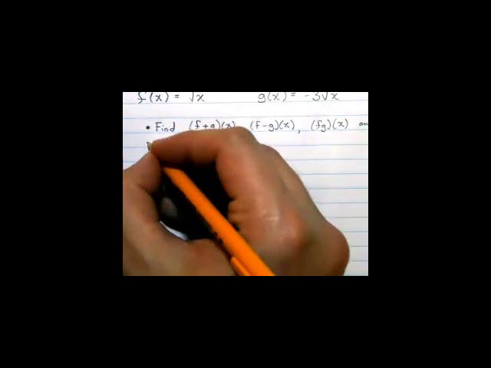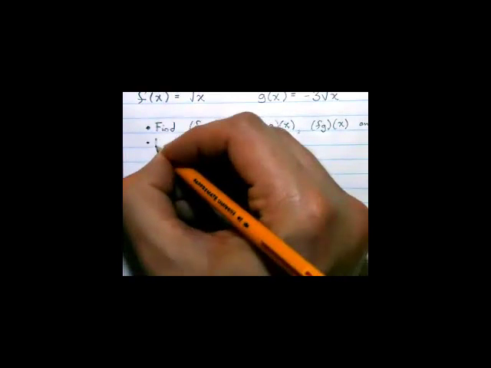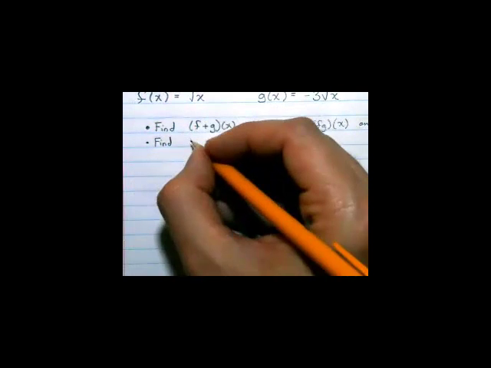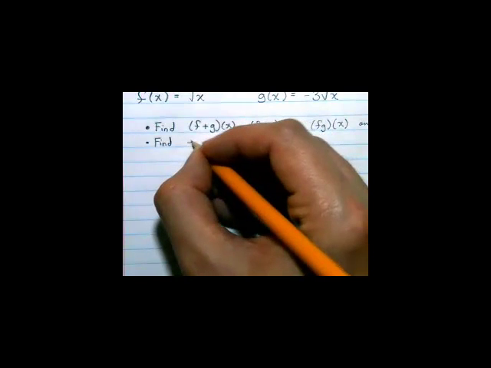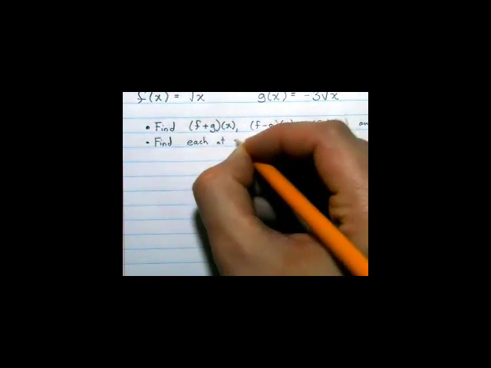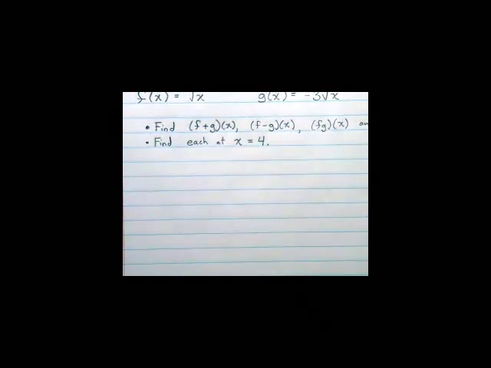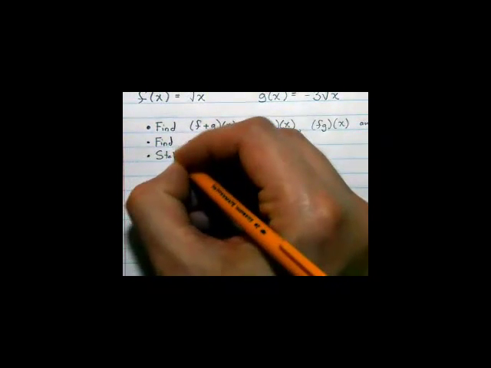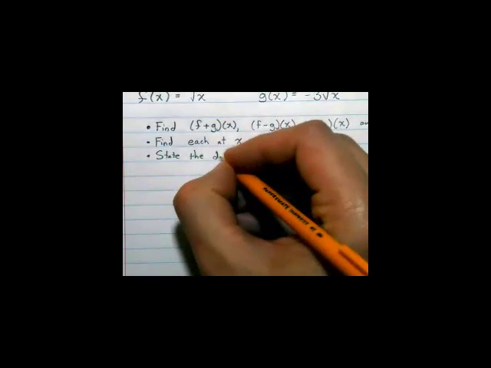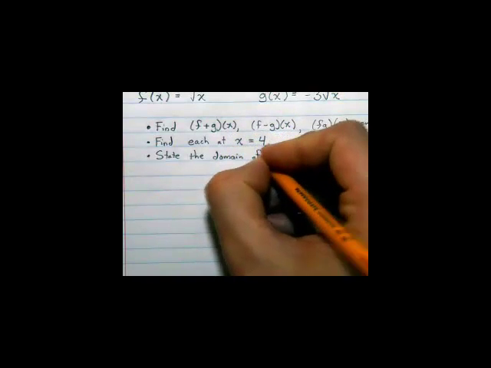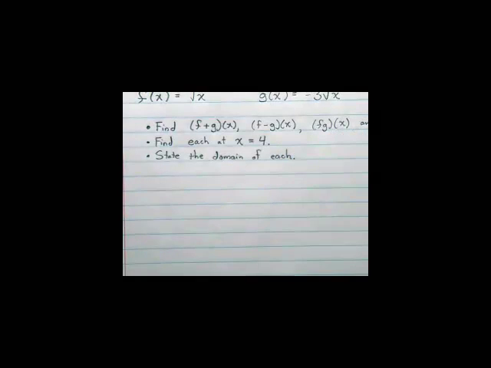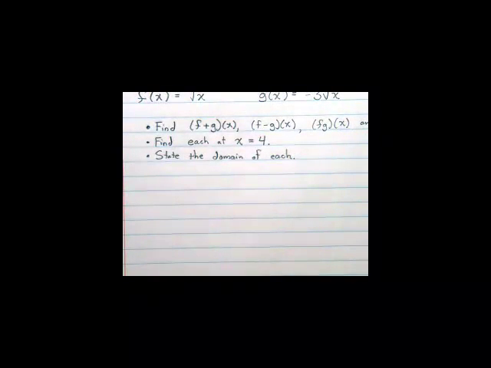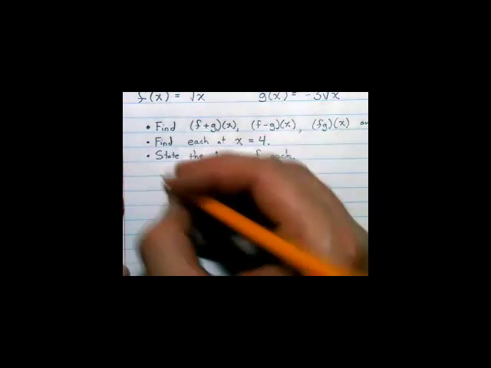That's the first thing. Then find each at x equals 4. And finally, state the domain of each. So we'll just do each one at a time, and then take care of each one of those bullets for each one that we do.